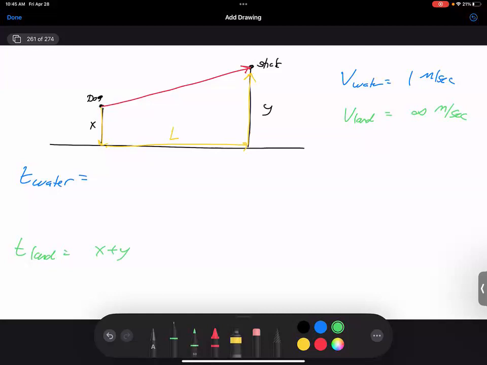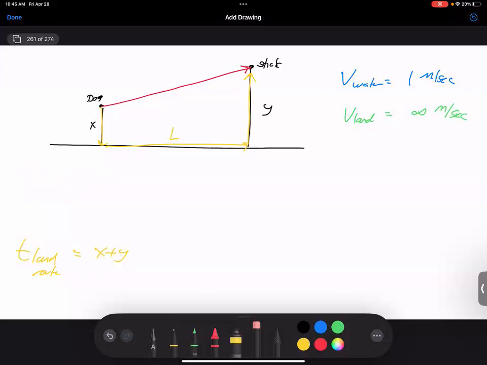Let's call this the water route, and this will be the land route. So the land route is the route where I'm coming down to the land. I wrote this in a very confusing manner. So for the land route, I go X, then I have no cost for being on land, and then I do Y. So that would be X plus Y.